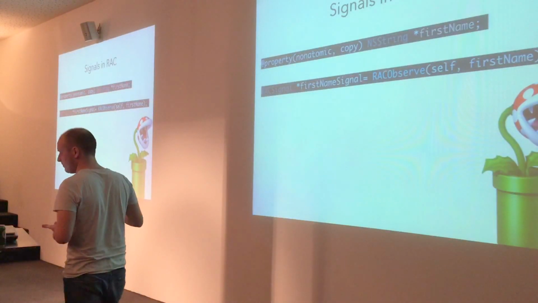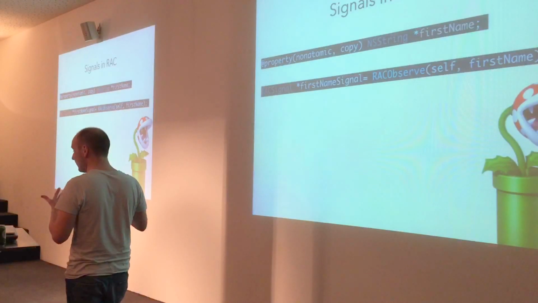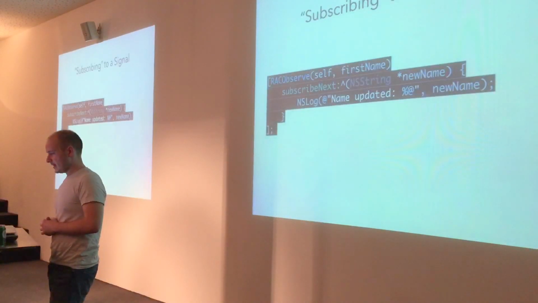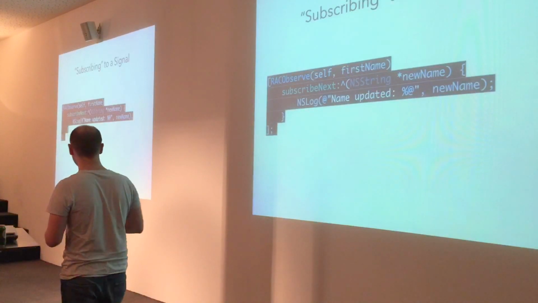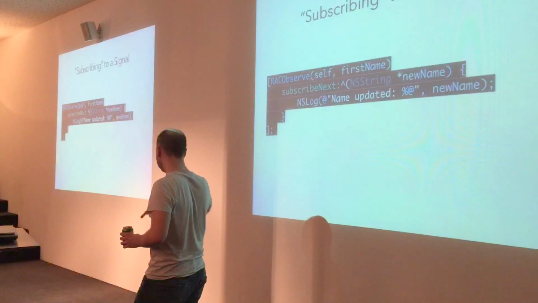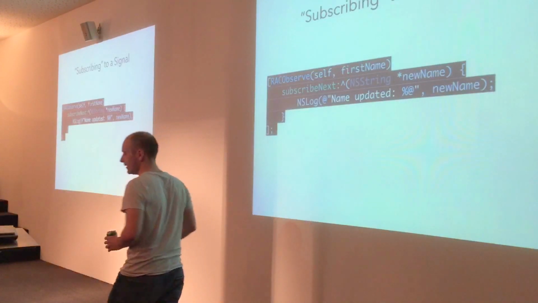So this macro returns a signal that fires whenever first name changes. And this is how you subscribe to the signal. It's going to become clear why this is useful as we add more layers to it in a minute.